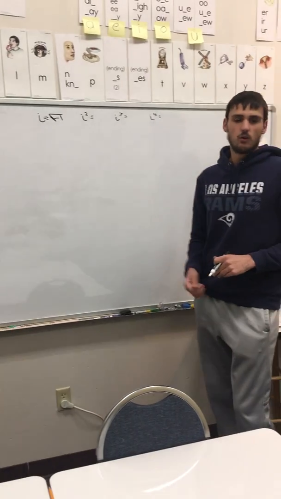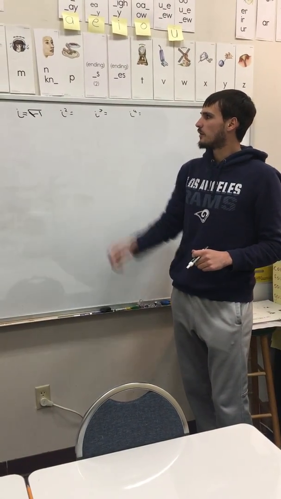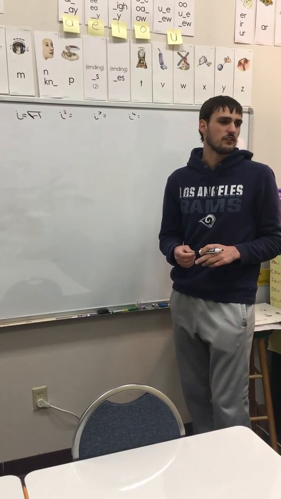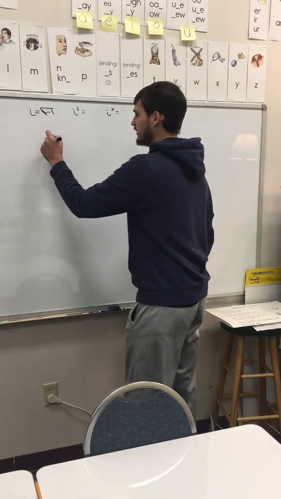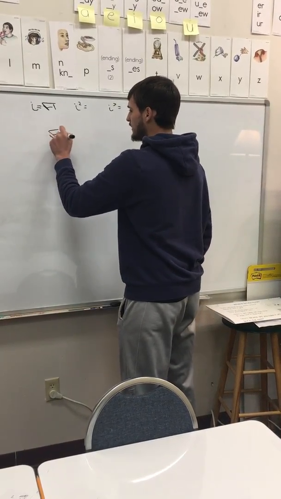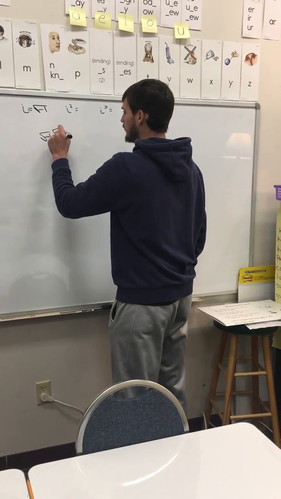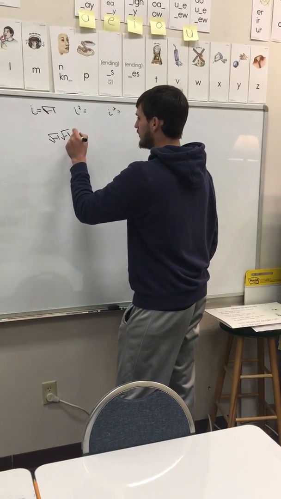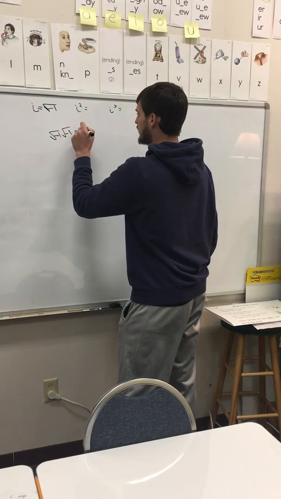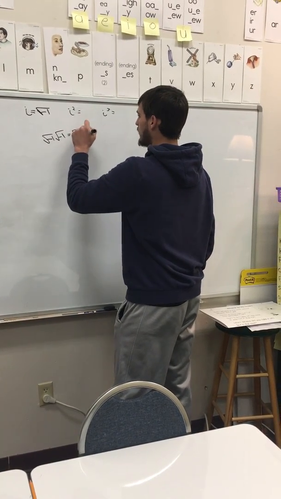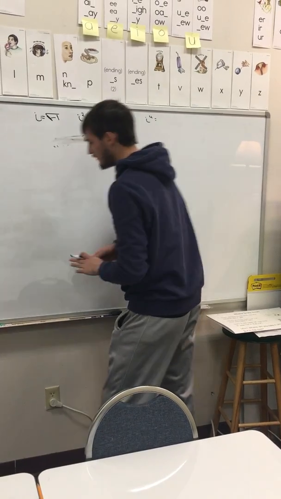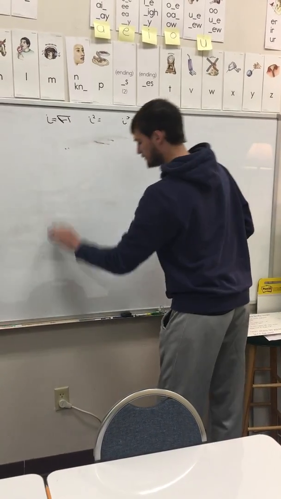So we know that i equals the square root of -1. What do we think i squared equals? Yeah, good. It'd be -1, because the square root of -1 times the square root of -1 equals -1.